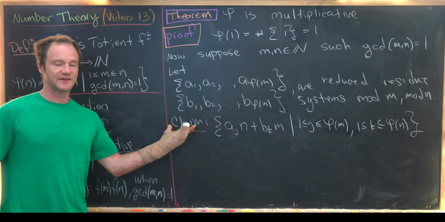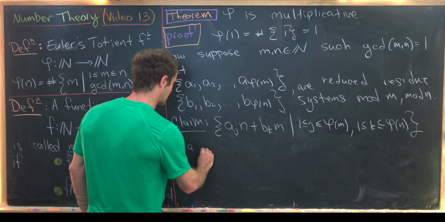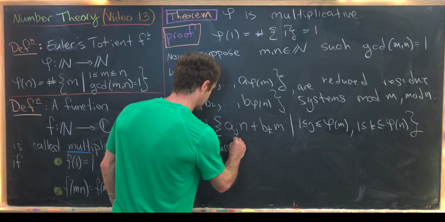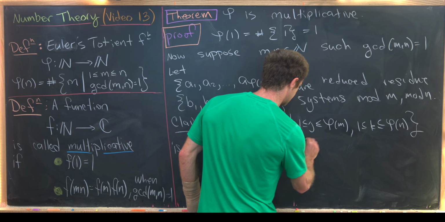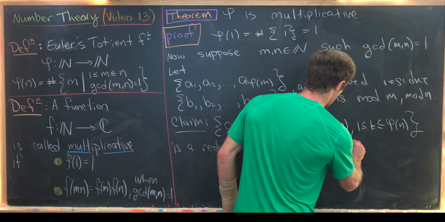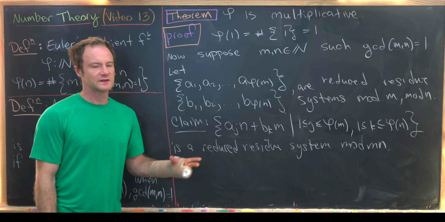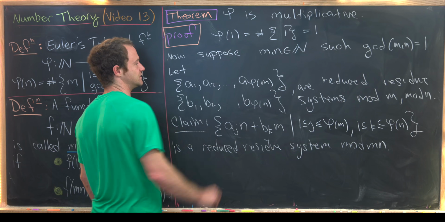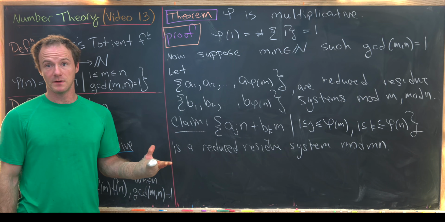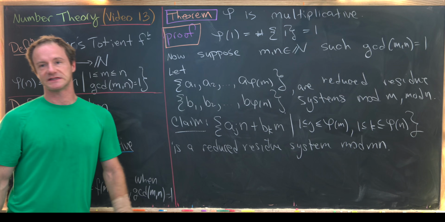So this is the set that we're looking for, and our claim is that that is a reduced residue system modulo mn. Okay, let's see maybe how this would help. This is a reduced residue system modulo m, and how many elements are in there? Well, there are phi of m elements in there.